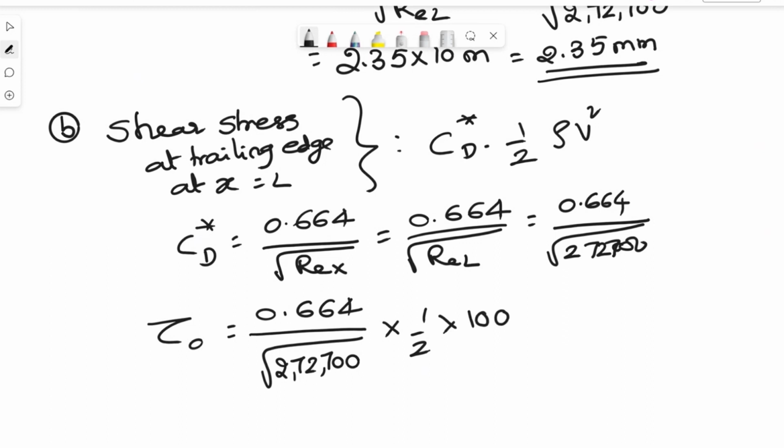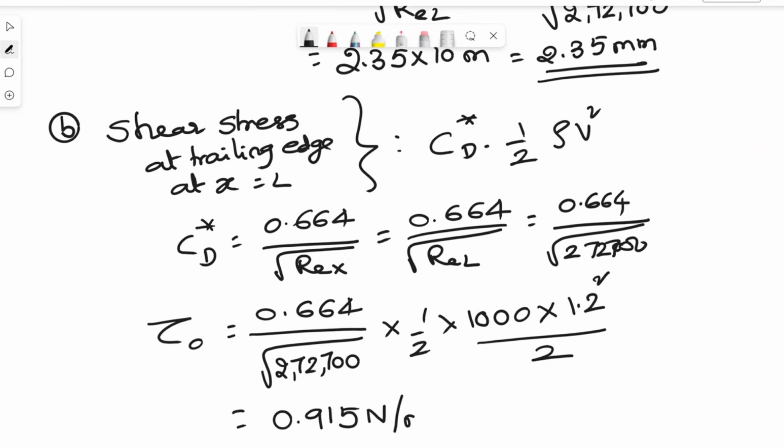So water mass density is 1000 kg per meter cube, into the velocity he has given, 1.2, whole square. So this answer will be 0.915 Newton per meter square. This is the next answer.